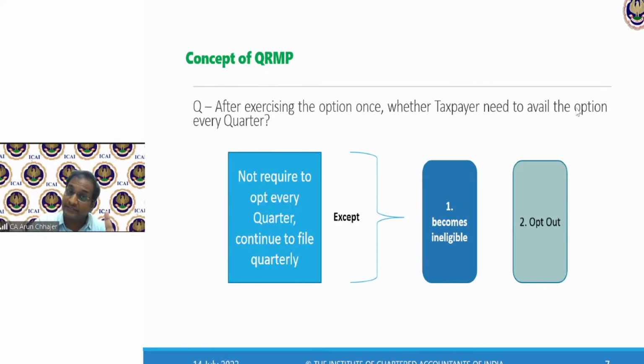You have to opt for the same category of return, either all under monthly or all under QRMP.